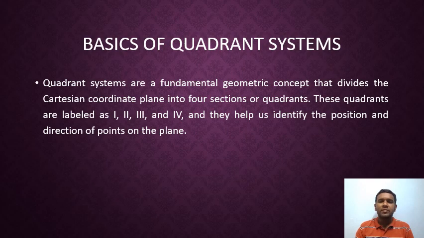These quadrants are labeled as 1, 2, 3, and 4, or the first, second, third, and fourth, and they help us identify the position and direction of points on the plane. Where is a point located on a given plane? This can be found by the quadrant systems or by the coordinate system.